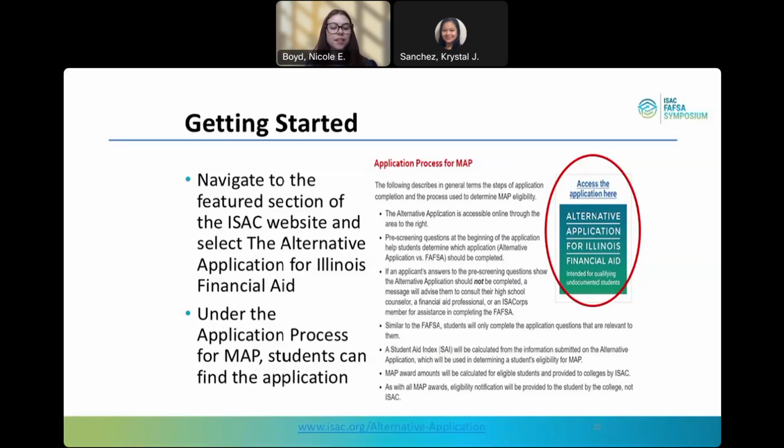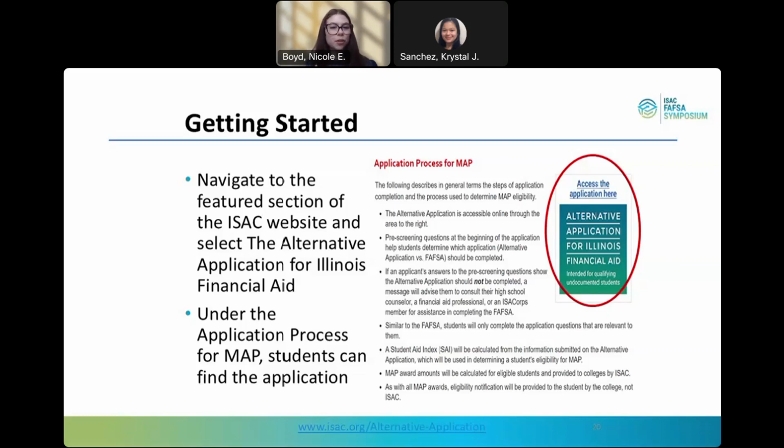And there they will select the alternative application for Illinois financial aid. So the student can find the application under the application process for MAP, which is screenshotted and up on the slide so you can see what that looks like. It just kind of tells them the steps of the application process and how MAP eligibility is determined.